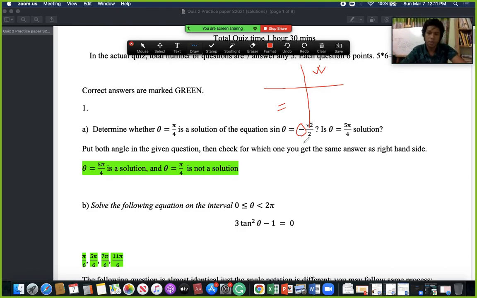So that means this is the solution. Okay.